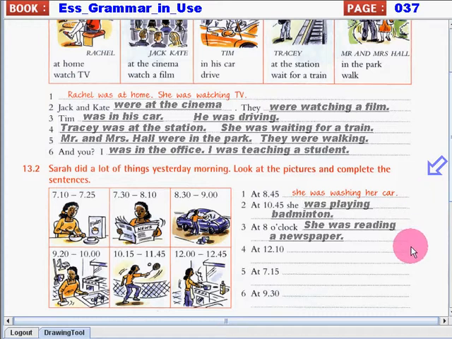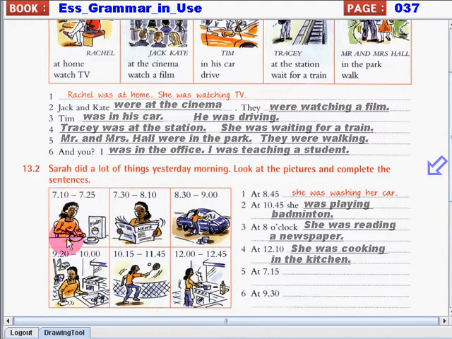Number 4. At 12:10. So, this is the picture for that time. What is our sentence? So, at 12:10, she was cooking in the kitchen. Number 5. At 7:15. This is the picture.